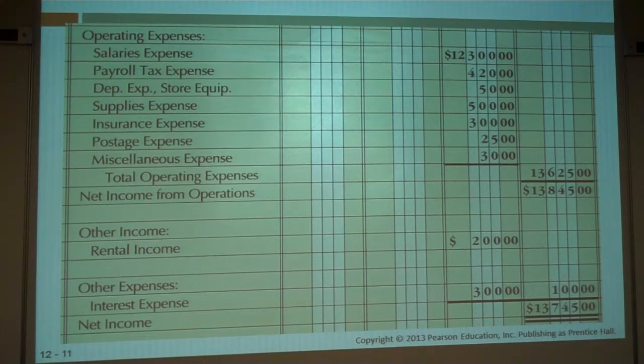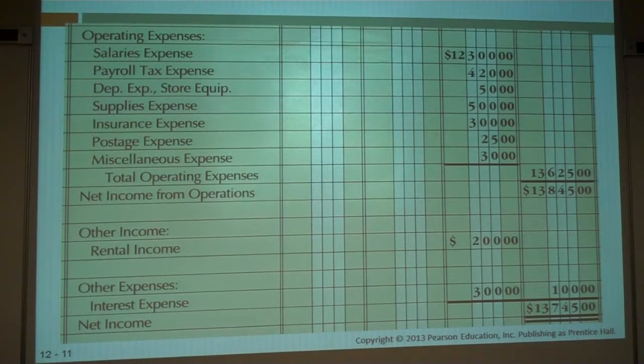Operating expenses: salaries, payroll tax expense, depreciation expense, store equipment, supplies expense, insurance expense, postage expense, miscellaneous expense. You might have more than that. You might have fewer expenses than that. Those are called operating expenses. Don't we need all of those in order to run our business? We do, don't we?